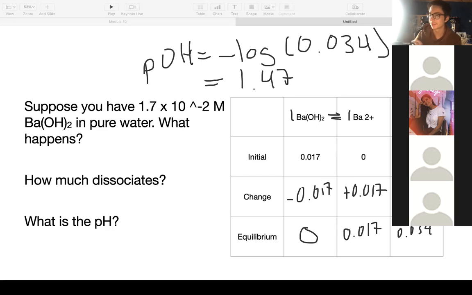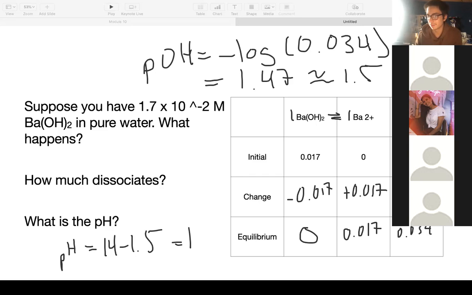And from there, I just rounded to 1.5. From there, we could do the equation pH is equal to 14 minus 1.5, which I got just from manipulating the previous equation we were discussing, which gives a final answer of 12.5 about. And yeah, that is that.